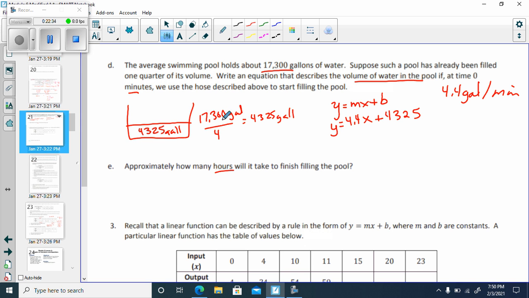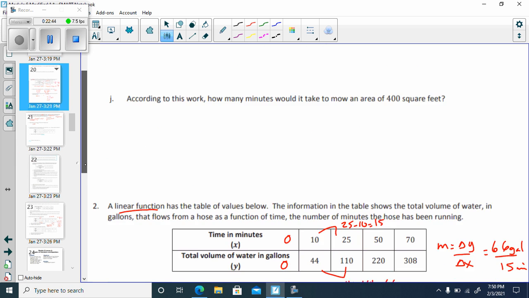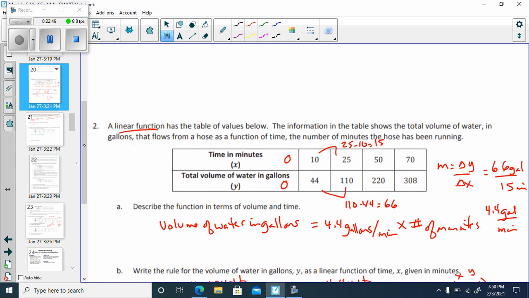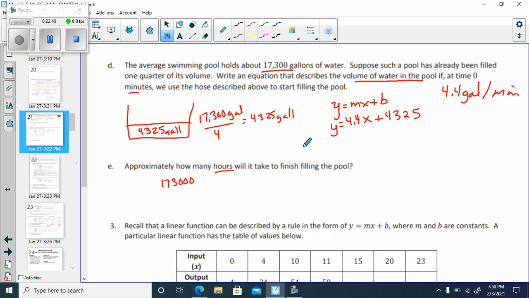Approximately how many hours will it take to finish filling the pool? Well, if the pool holds 17,300 gallons, that's our y. Right here, it told you volume in gallons is y. So we put the total volume for the pool in there. That's equal to 4.4 gallons per minute times the number of minutes, plus the 4,325 gallons that are already in the pool.